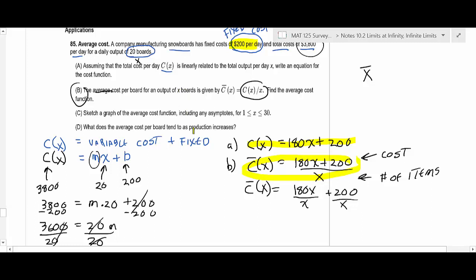After all, how do you put fractions back together anyway? If they have a common denominator, you just keep the denominator and put it back together, right? And what happens to the x's right here? They cancel out. So we'd say C bar of x is equal to 180 plus 200 over x, like that. That's another way to write the answer.